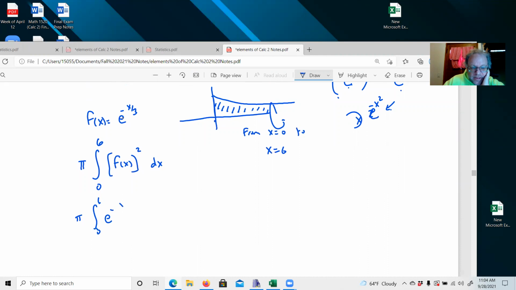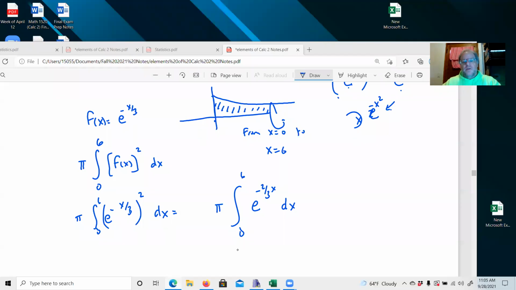Negative x over 3, squared dx, which is pi integral 0 to 6 e to the negative 2/3 x, because that's what we do, right? We multiply the exponents here, okay? Yes.